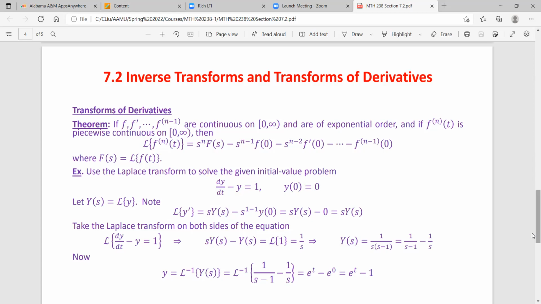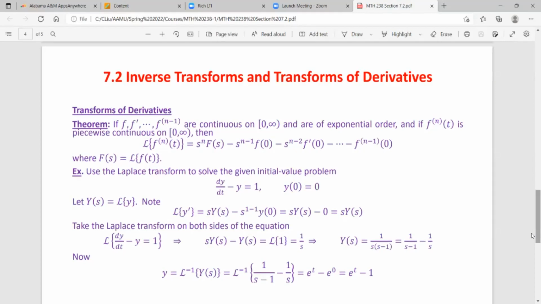You don't have the other terms. Now the second term, y of 0, is 0, so it vanishes. What's left is just s times capital Y of s.